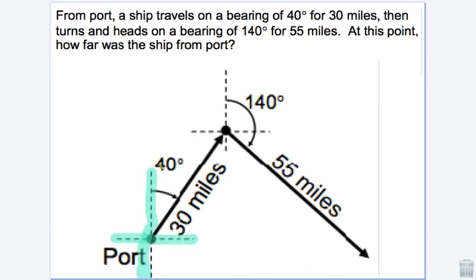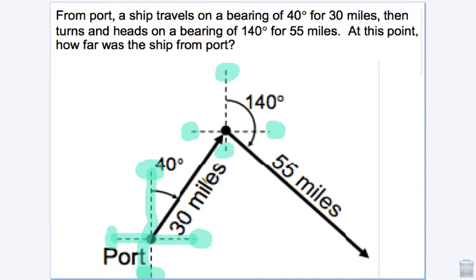Okay, so right here you have north, east, south, and west. And up here you still have north, east, south, and west. Okay, so we have a 40-degree bearing here, 140-degree bearing here, and you can see how it changes the direction of the ship.